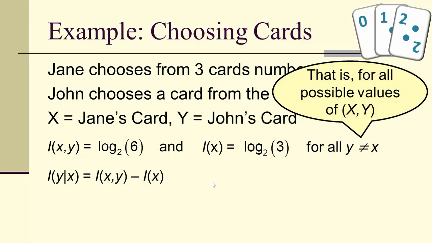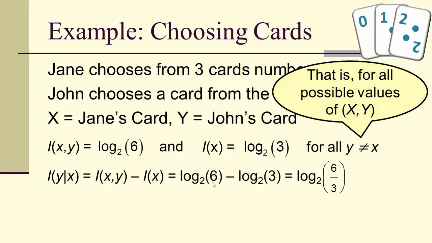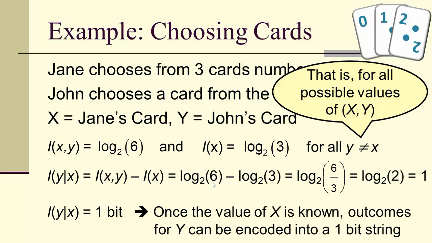That's the difference of the joint minus the individual, log base 2 of 6 minus log base 2 of 3, log base 2 of 6 over 3, and that's 1. In other words, the conditional information is 1 bit, which means once the value of x is known, in other words, once Jane's chosen a card, and we know what it is, the outcome for y can be encoded into a 1-bit string.